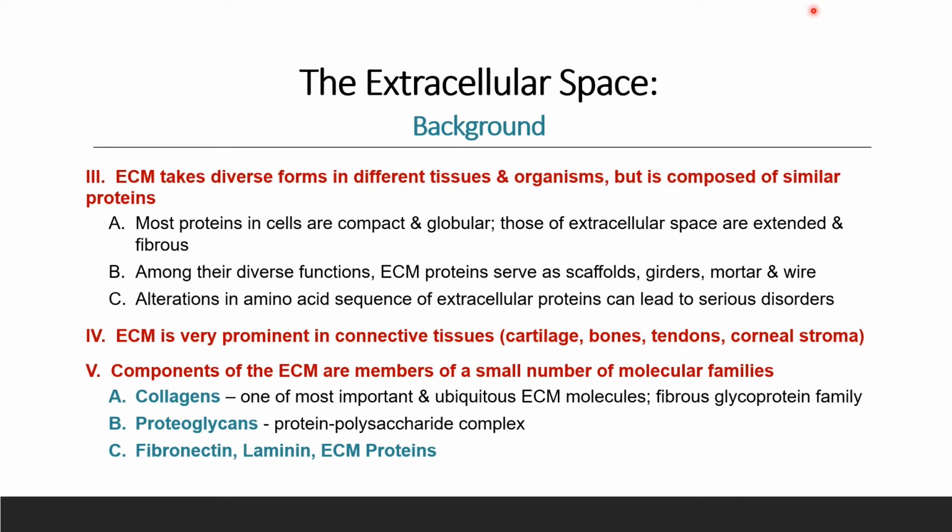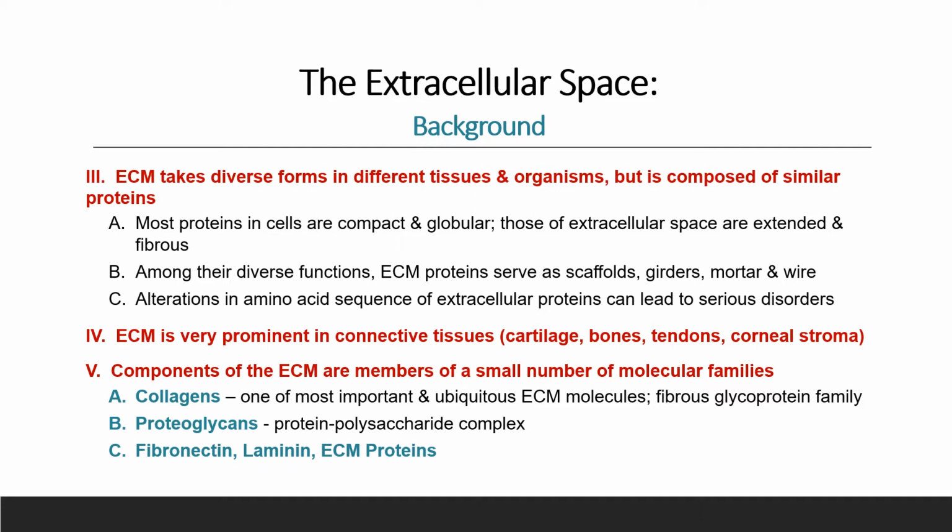And of course, it also serves like a wire, so like a binding structure. So alterations in the amino acids of the extracellular proteins can actually lead to serious disorders. So the ECM is very prominent as well in the connective tissues like your cartilages, bones, tendons, and corneal stroma.